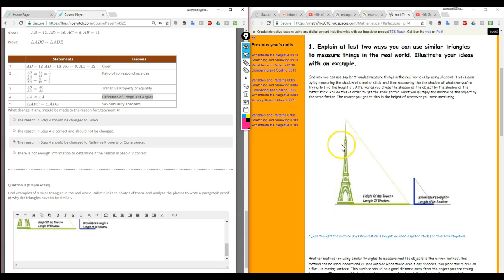And they are because the information right here is height of the tower is equal to the length of the shadow. So it was a predefined notion, so that means that this length and this length are congruent, and this length of the broomstick is equal to its length of its own shadow. And we have corresponding parts, and then we have an angle. So we have a side angle side, side angle side.